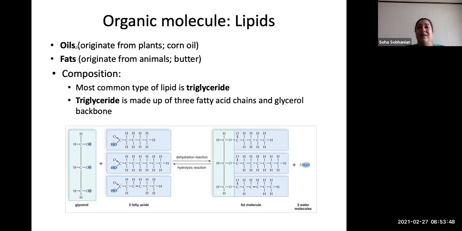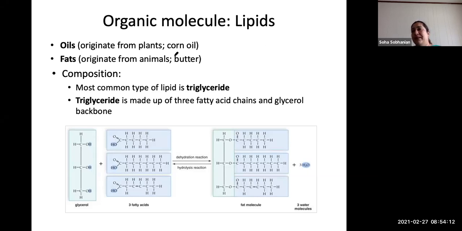The difference is that the word oil basically originates from plants, so it's mostly going to be liquid. And yes, there are exceptions like coconut oil that is solid at room temperature. But typically the word oil means it's coming from plants and it's liquid at room temperature.